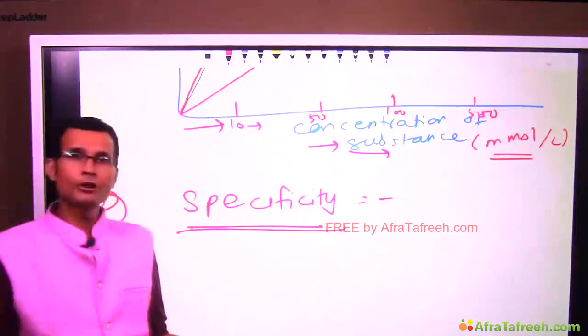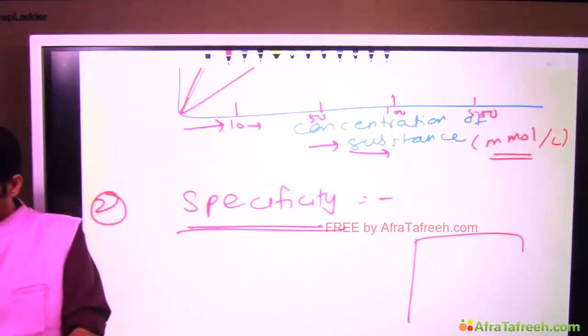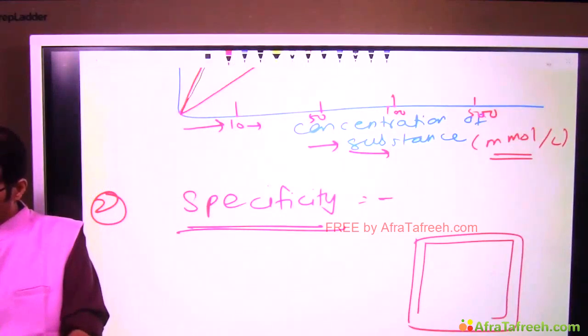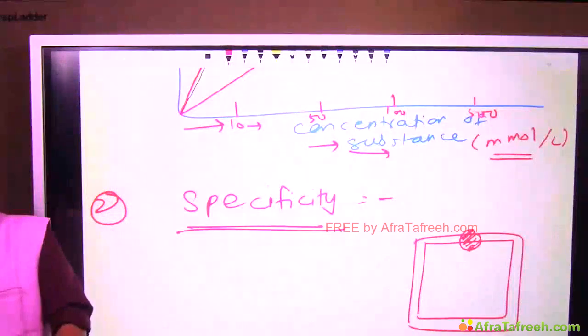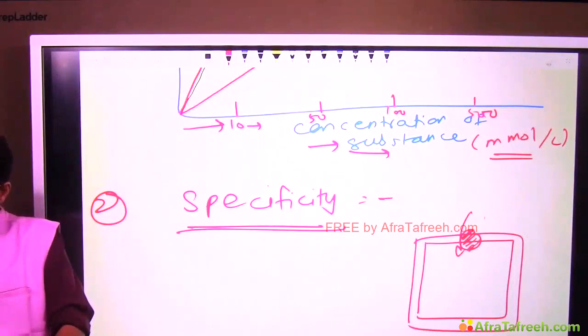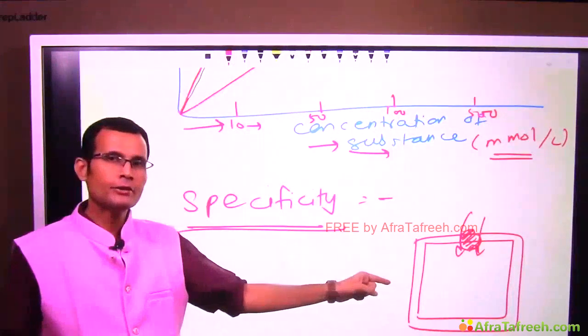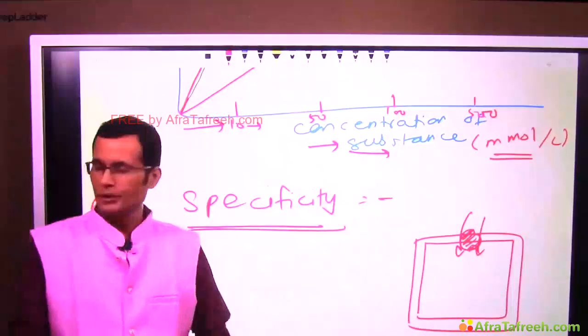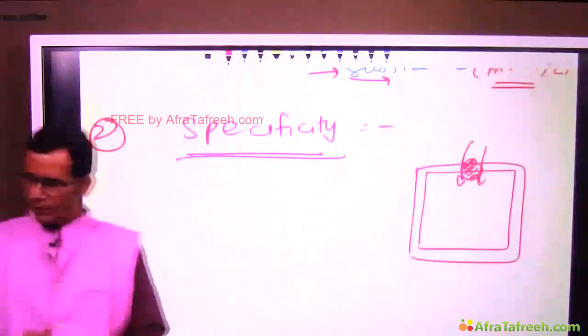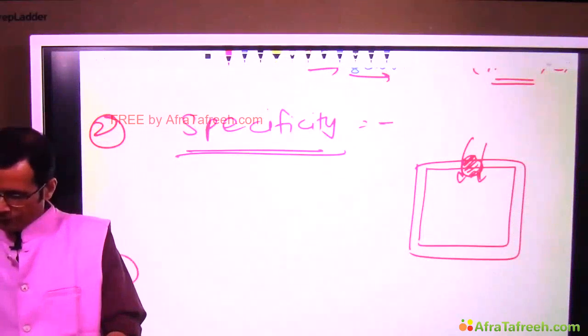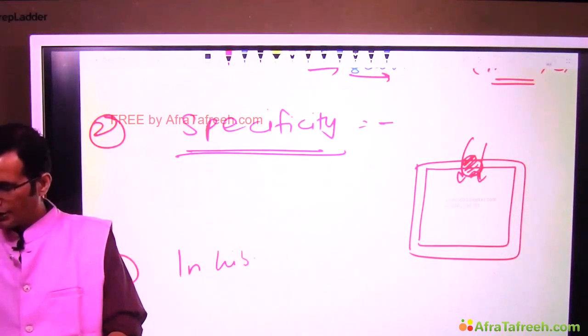But facilitated diffusion means if the substance has to be transported, it has to have specific carrier in the membrane to carry that particular substance. And the third one is inhibition.